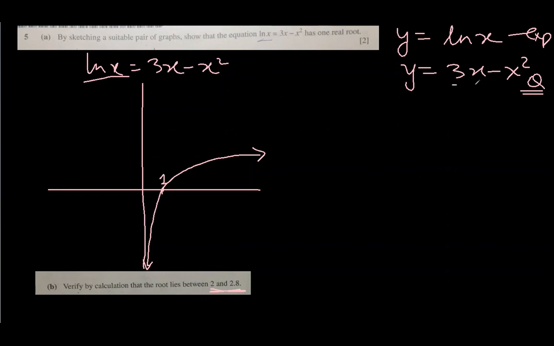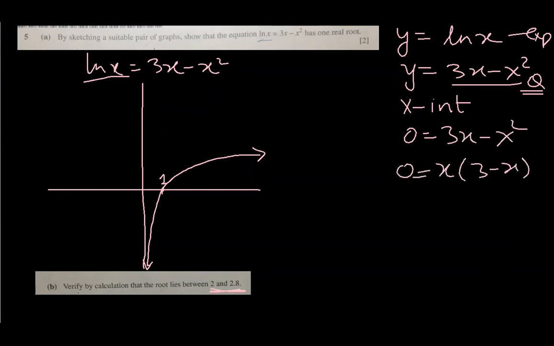All right. Second one is a quadratic. In this, I will first find the x-intercepts. For x-intercept, the y has to be equal to 0. So for x-intercept of quadratic, 0 equal to 3x minus x squared. So x taken common, x(3 minus x) equal to 0. That means the first x-intercept is 0, second is 3.